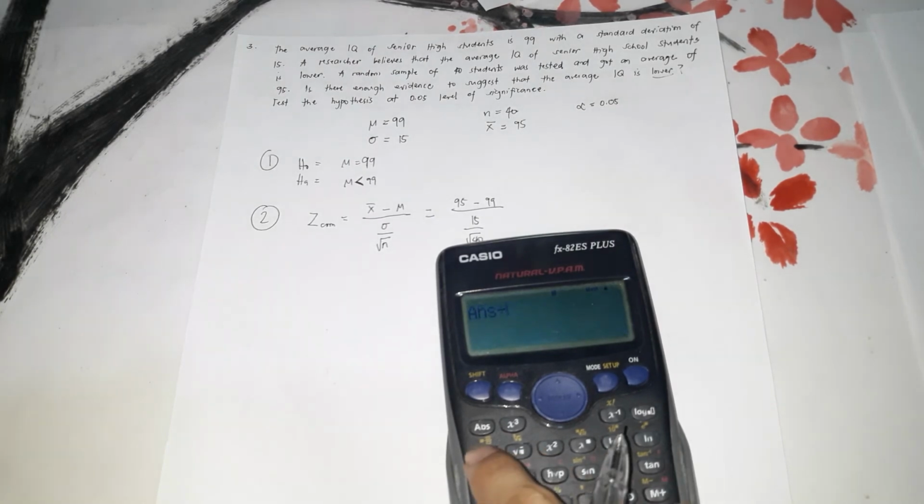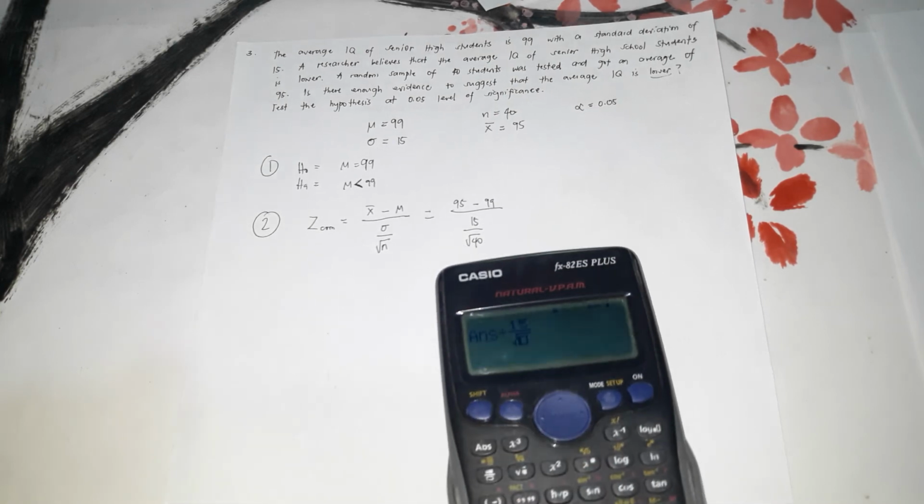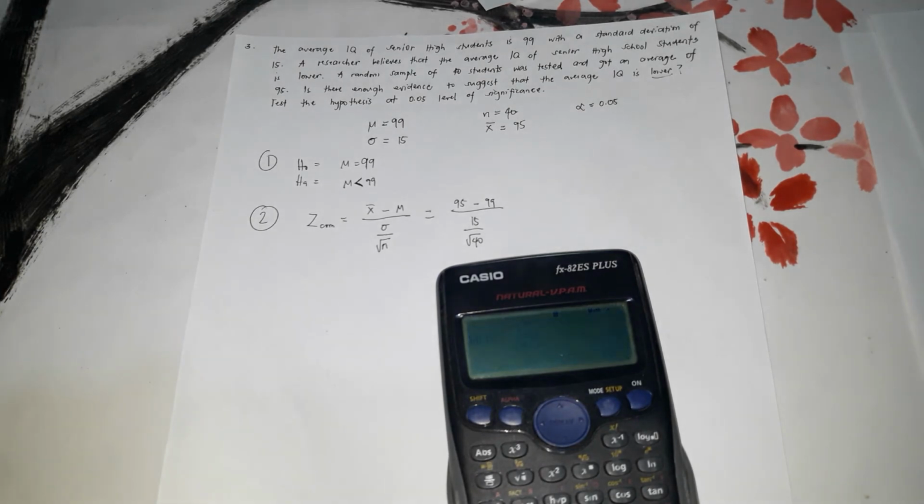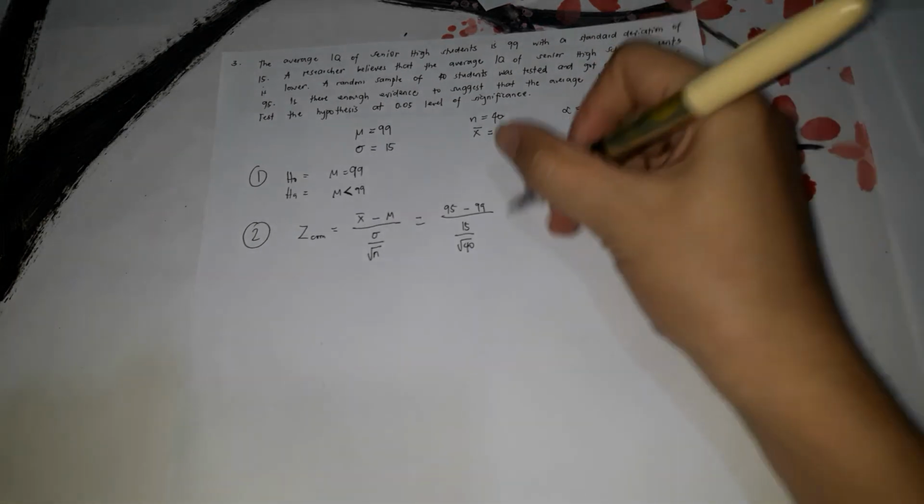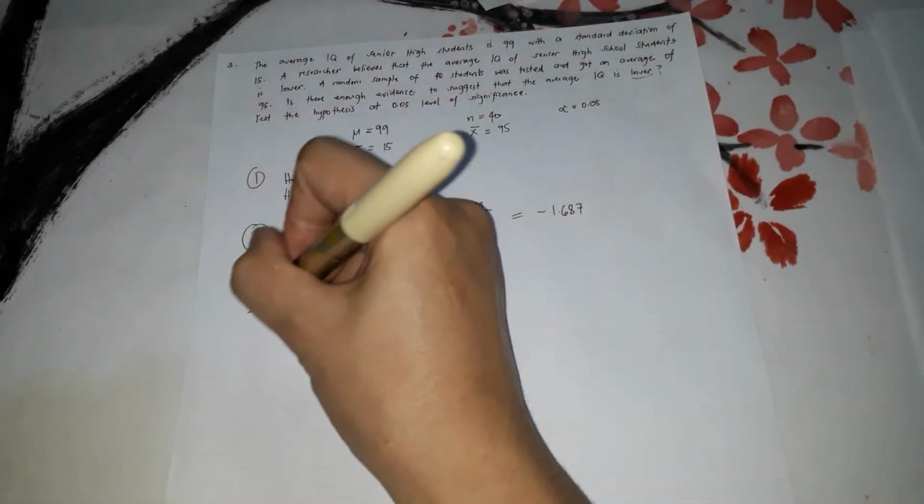Calculator: 95 minus 99 divided by 15 over square root of 40. The answer is negative 1.687.